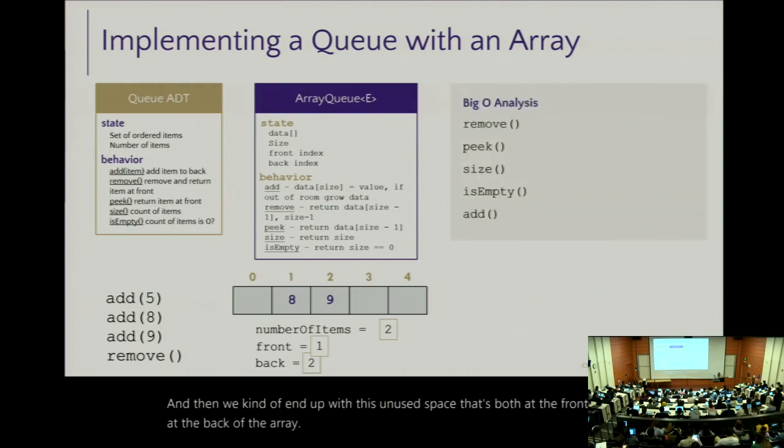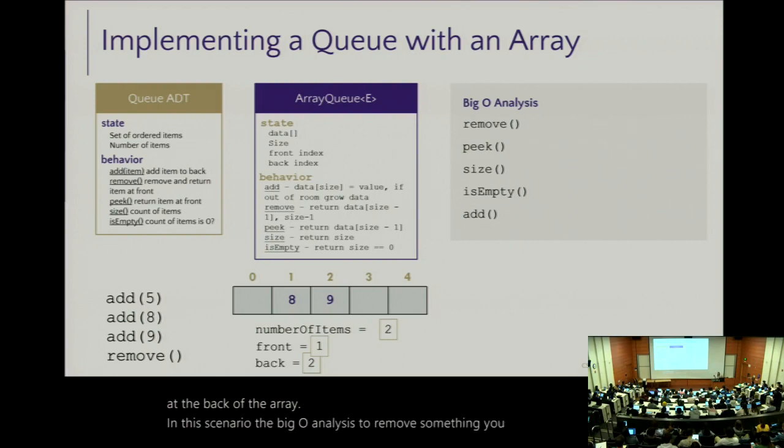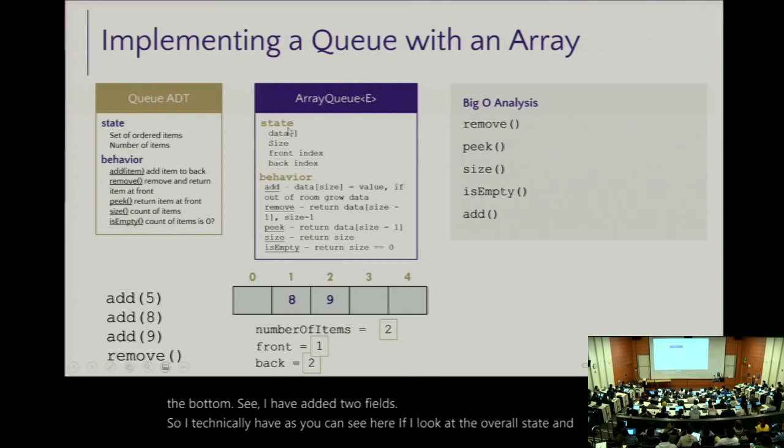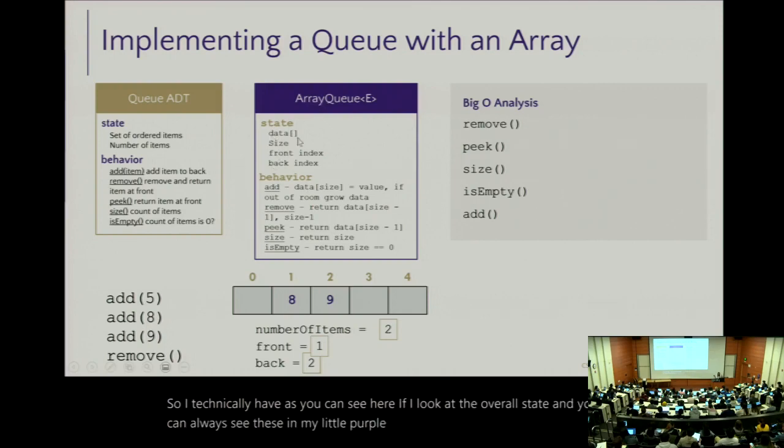So in this scenario, the big O analysis to remove something, you can see down at the bottom, see how I have actually added 2 fields? So I technically have, if I look at the overall state, and you can always see these in my little purple boxes here, a field that stores the underlying array. I have a field that stores the size, the number of items in the thing.